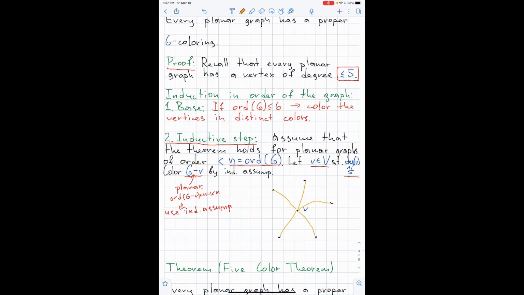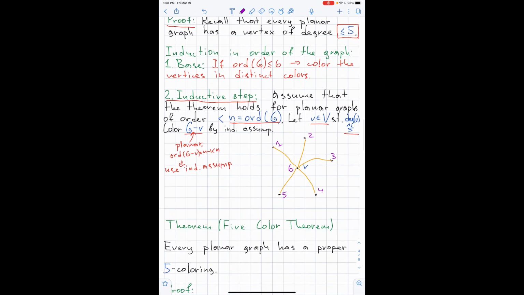And what that means is that we only used at most 5 colors on its neighbors. Maybe we might have used the 6th color somewhere far away, but on the adjacent vertices we use at most 5 colors, which means that we can color our vertex V in the 6th color, and that's it. So that means that we can color G like that.